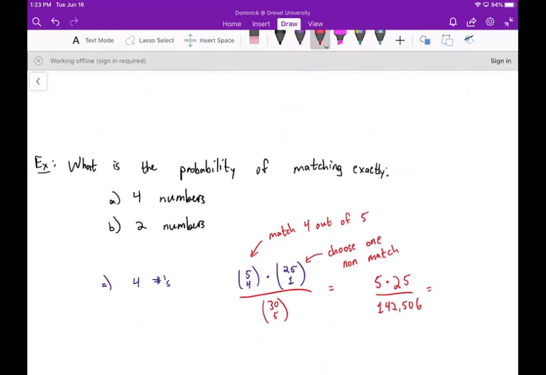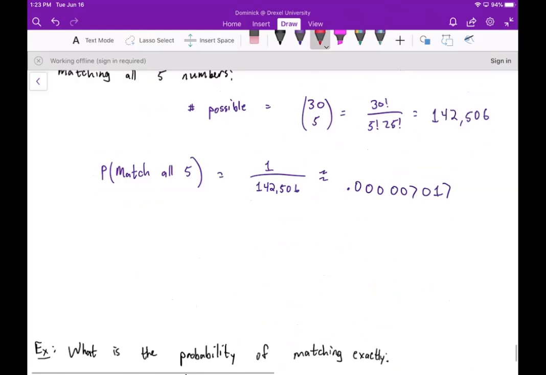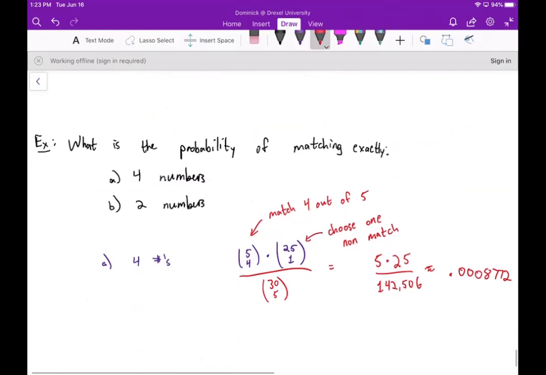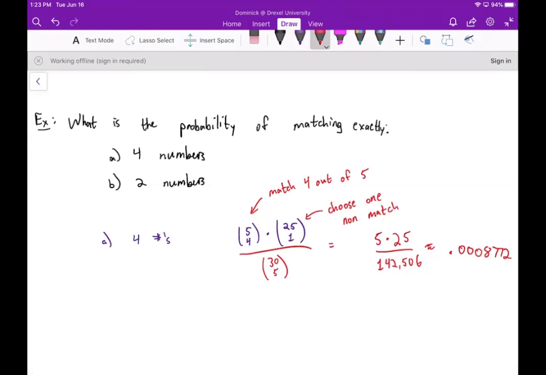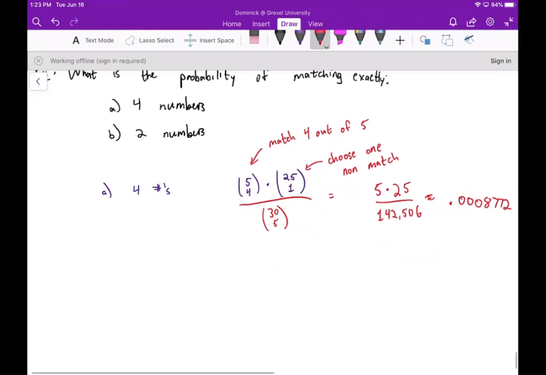It looks like our odds are now 0.0008772 roughly. I should say you had 5 zeros and 3 zeros here. So going from matching 5 numbers to 4 numbers, your odds improve pretty dramatically.